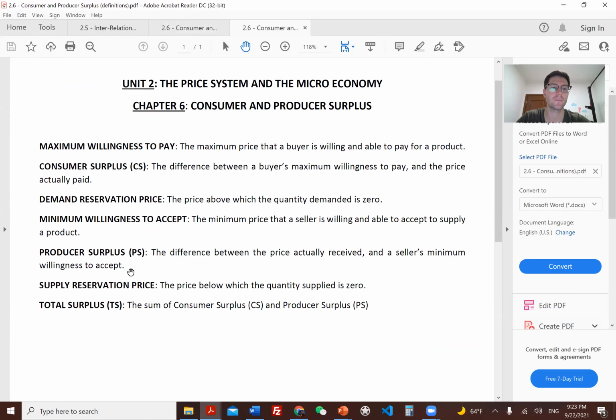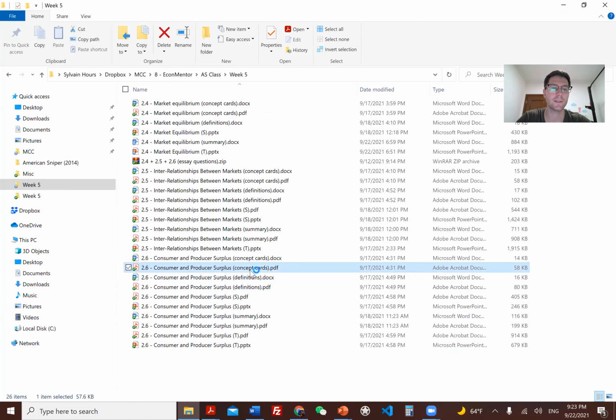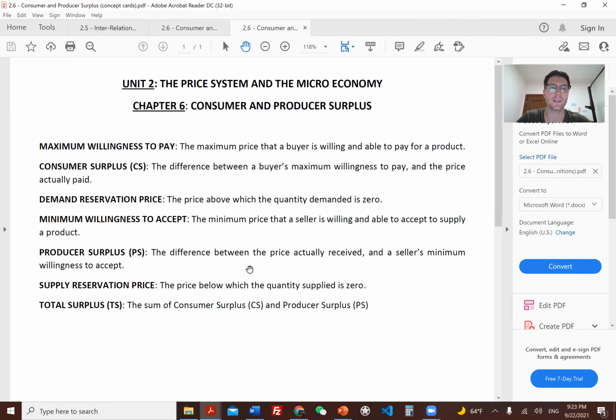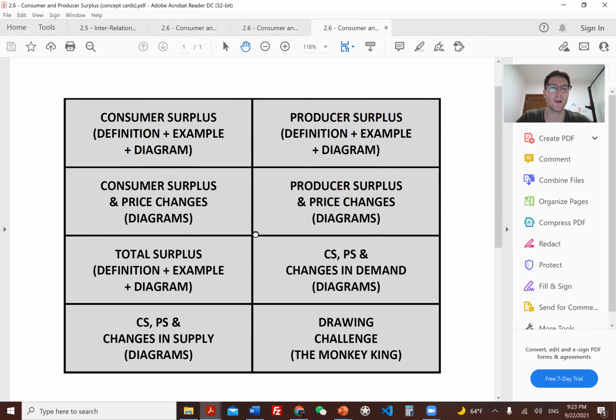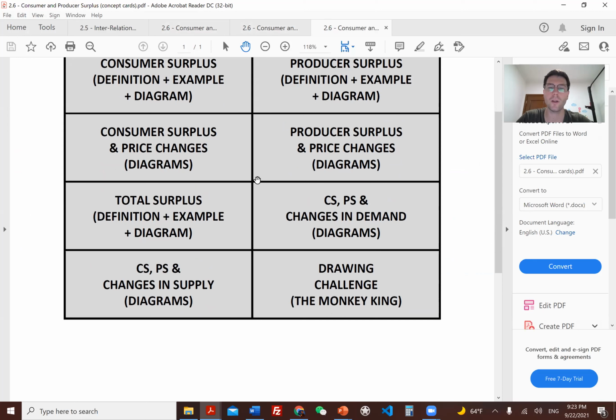Yeah, 7 definitions. Pretty easy. And concept cards, let's have a look at what the challenge is. I forgot. Okay, only one drawing challenge that will be probably easy for Chinese students, maybe a bit more complicated for those who are non-Chinese, the Monkey King.